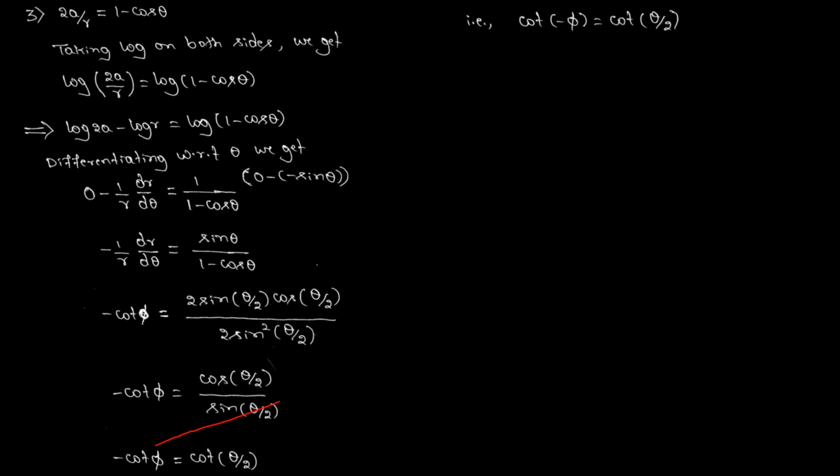So therefore we have written minus cot phi as cot of minus phi. That means we can take this minus sign inside the cot, because with this minus sign we cannot cancel the cot. That's why we have taken the minus sign inside, so that we can cancel cot and cot at this stage.